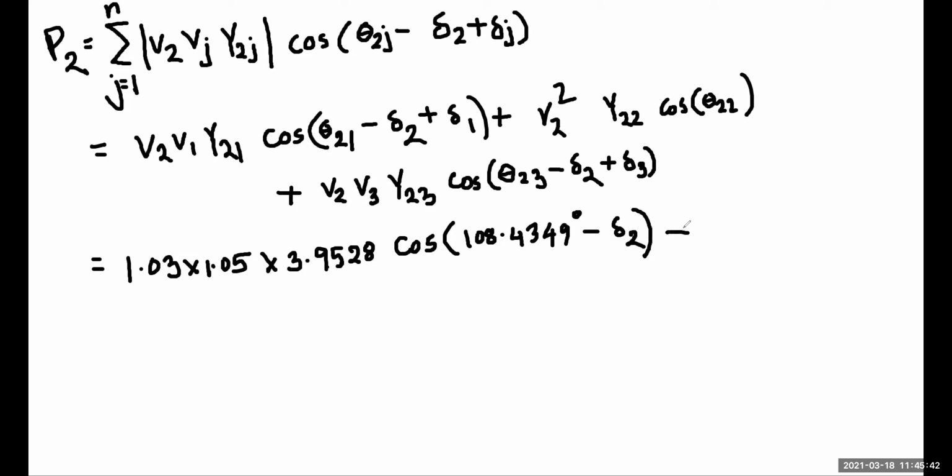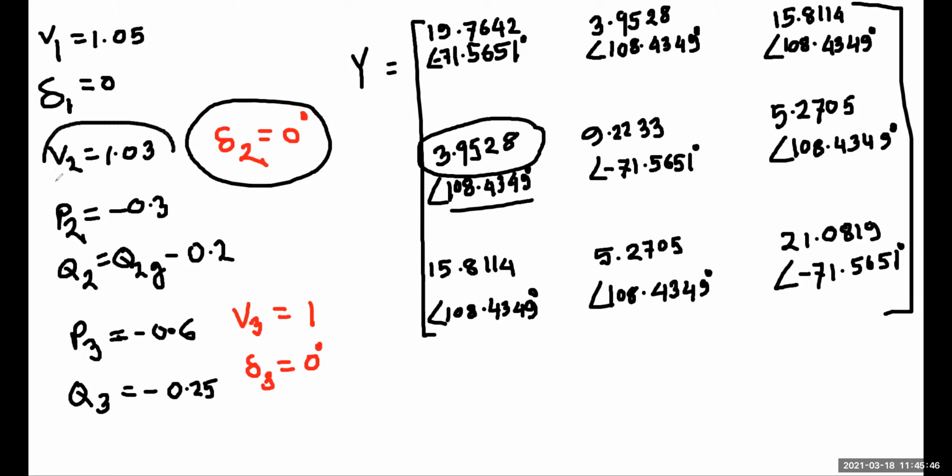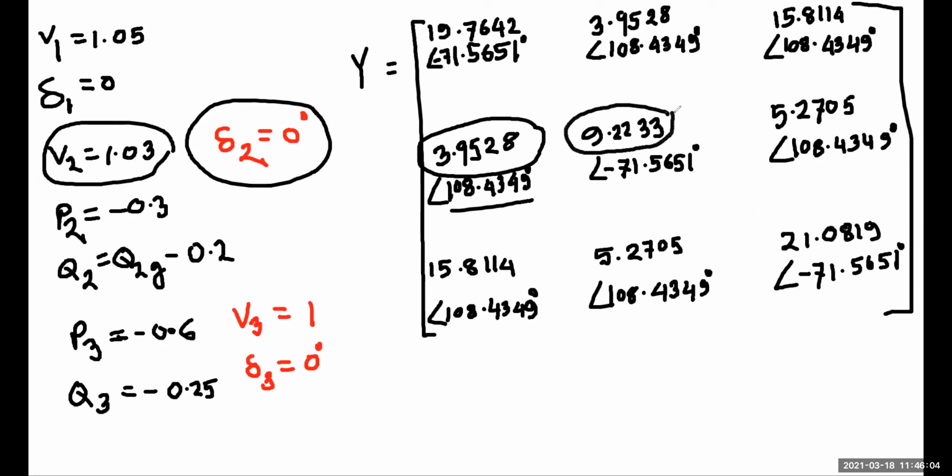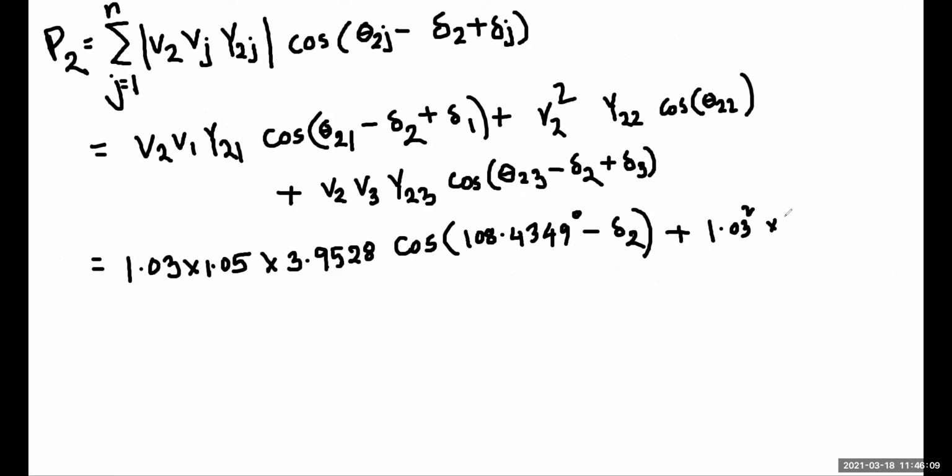Now your V2 square. V2 is known, 1.03 squared. So I'm going to write 1.03 squared. Then what? Y22. What is your Y22? 9.2233. That is your Y22.